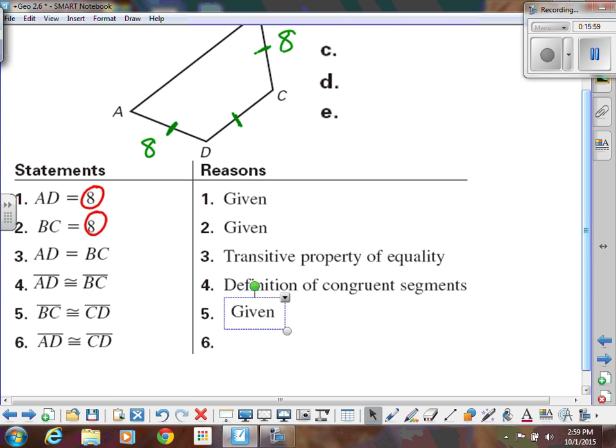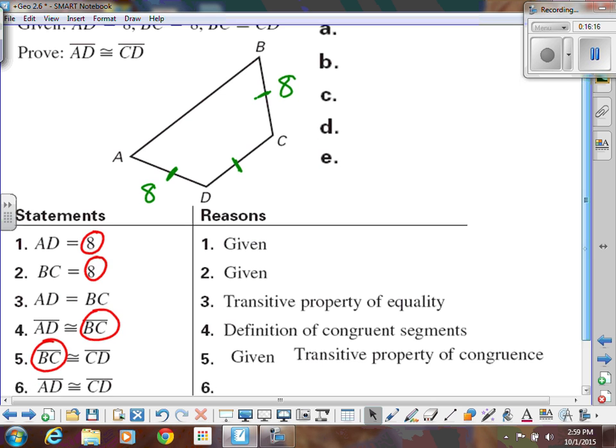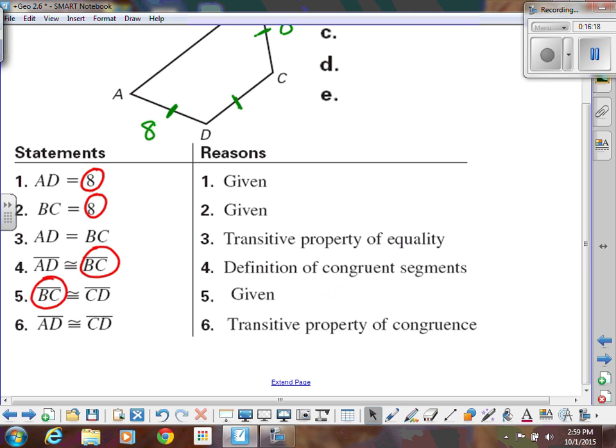All right, and then what did they do here? They said AD is congruent to CD. Now notice that we have now in 2 different statements we have repeated BC, so that's what they're using there. So we're going to be using the transitive property of congruence this time, all right, since we have congruent symbols. So there you go, there's our proof.